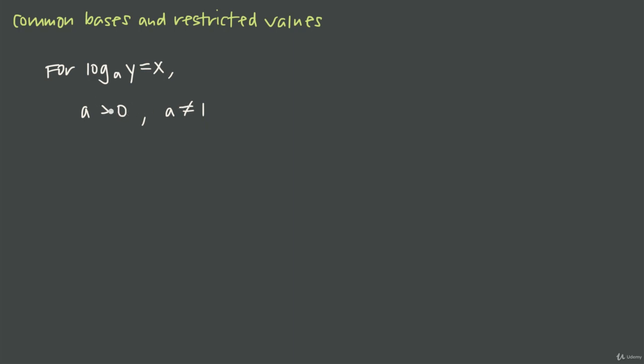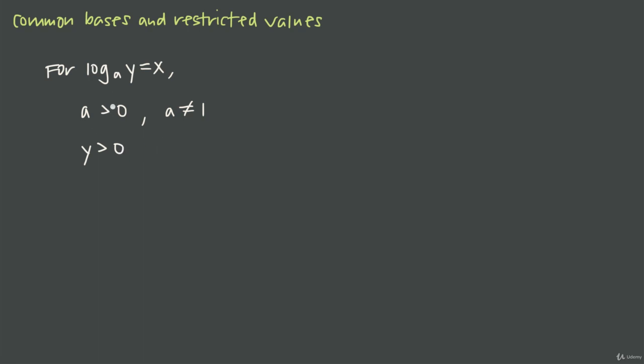So a can be any positive value other than 1. And the value of y, the argument of the log function, because of these restrictions we put on a, will always be greater than 0 as well.